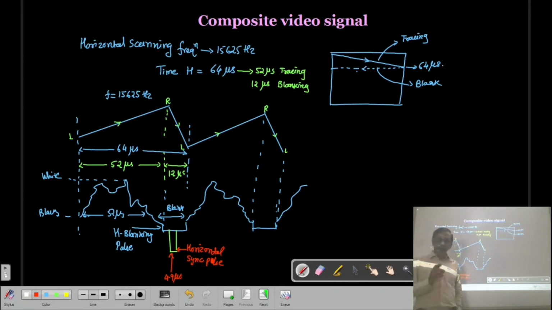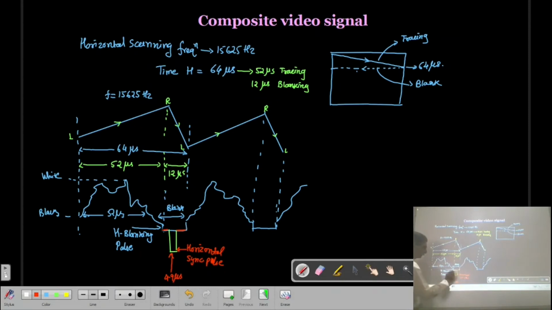Now remember that whatever sync pulse we have added, it is not added exactly in the center of the blanking pulse. You can see here the time period is less and here the time period is more.